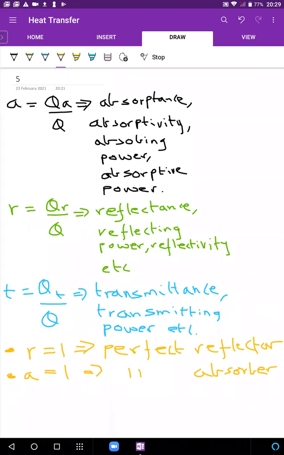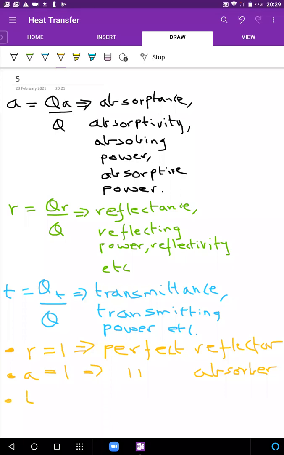Yeah, this word is transmittance. Absorptance, reflectance, transmittance. Absorbing power, reflecting power, transmitting power. They all sound very similar.